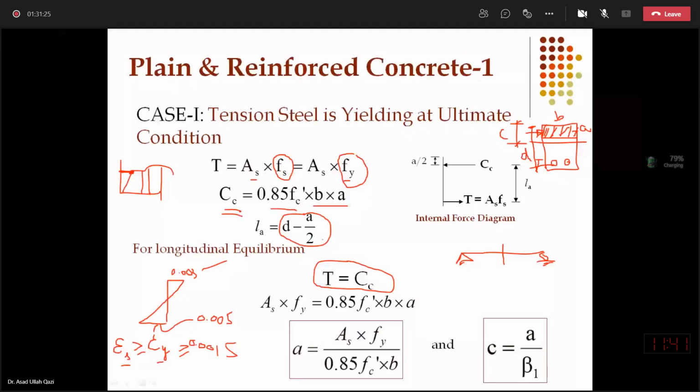So what I need to do is I simply will write the equilibrium equation T equal to CC. Since it is case 1, and I mentioned that case 1 means that tension steel yielded, Fy, all the steel will be yielded. Concrete grade will be known to me in the beam cross section. I will know the width of the cross section. If it is a capacity analysis, I will also know how many steel bars are present in the cross section and their area will be known to me.